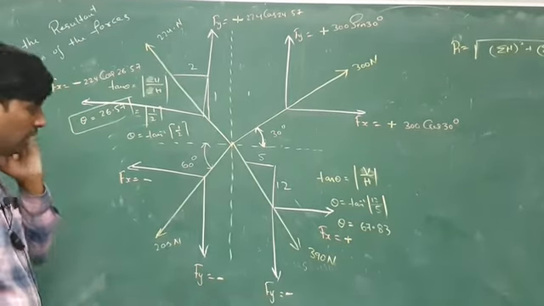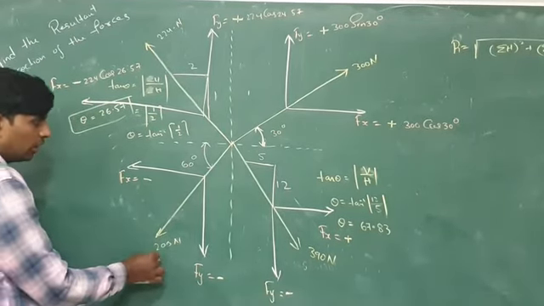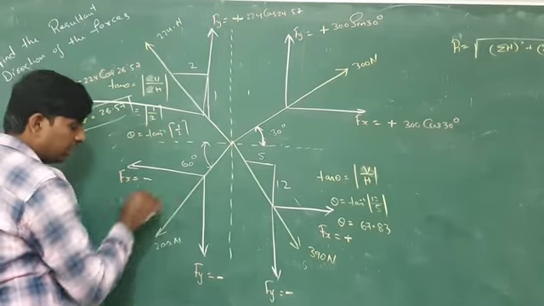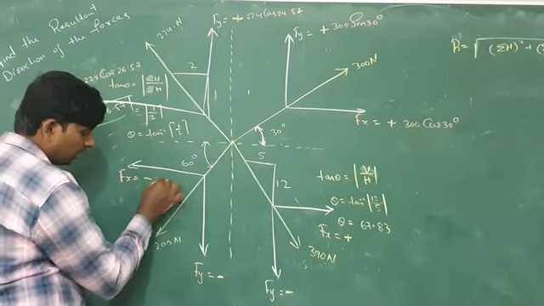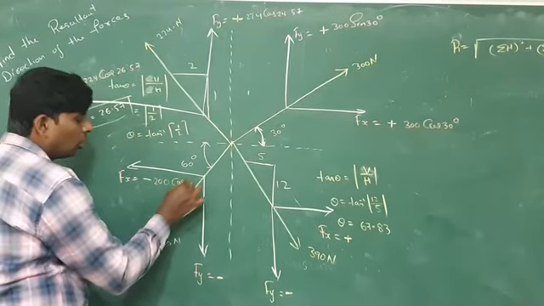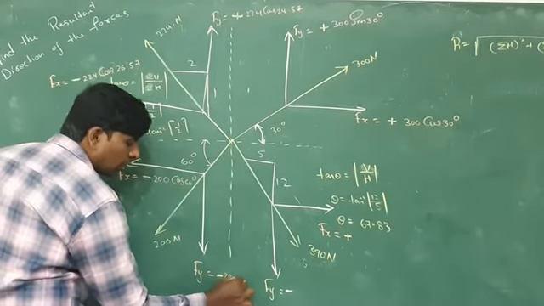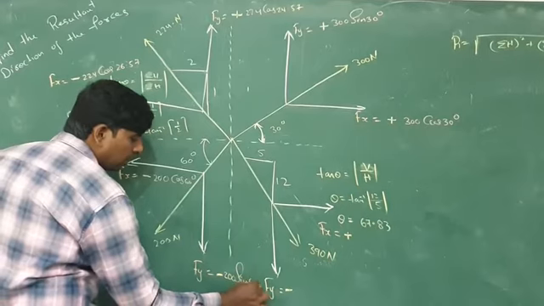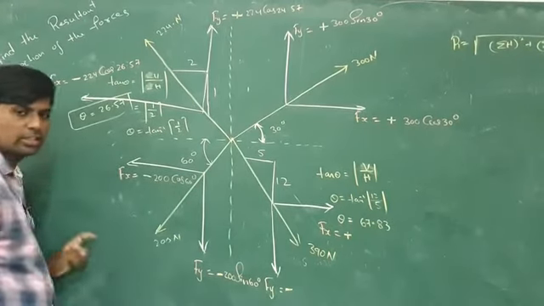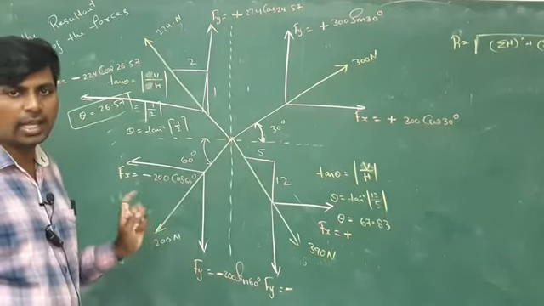Next one, this one is also lying with respect to horizontal. So this one can be written as 200 cos 60 degree, and here you can write 200 sin 60 degree.